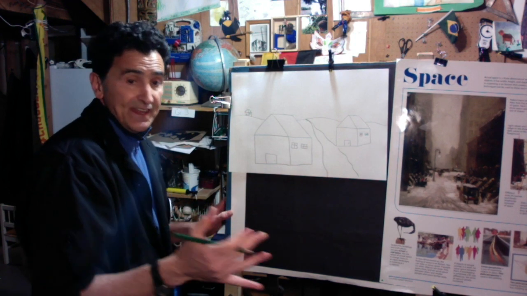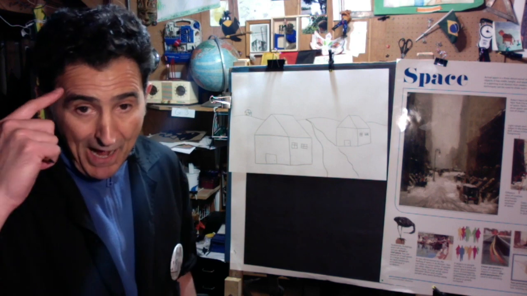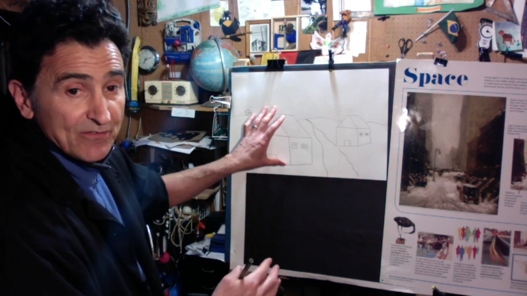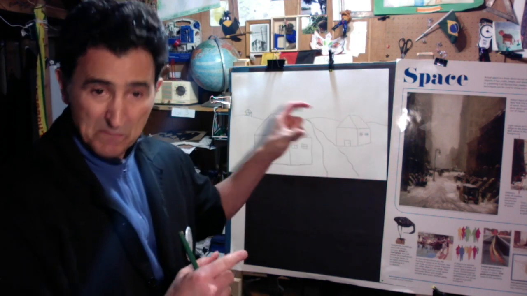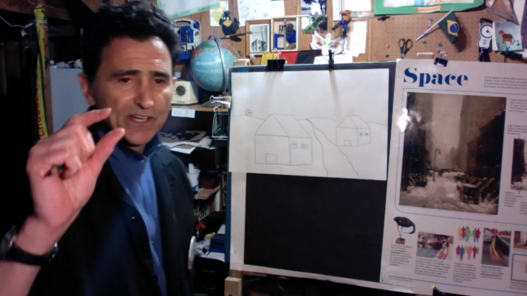Okay? And then I will just keep moving and adding things. But just keep in mind, to create space, whatever is big goes in the front. In the middle, it should be medium size. Whatever is far, far away, you're going to make smaller.